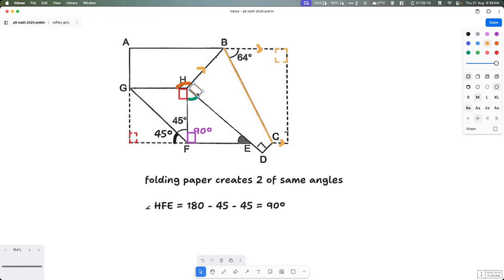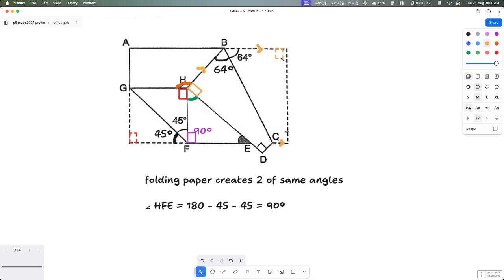So now we have two right angles. The next thing is to get this orange one. We also know that when we fold again, this is 64 degrees. So I'm going to put here 64 degrees.